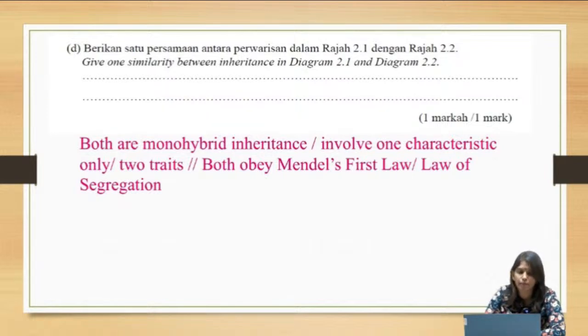Both are monohybrid crosses, both obey Mendel's first law, or if you want to give other answers such as both involve one characteristic, or both obey the law of segregation, all are accepted as the answer.